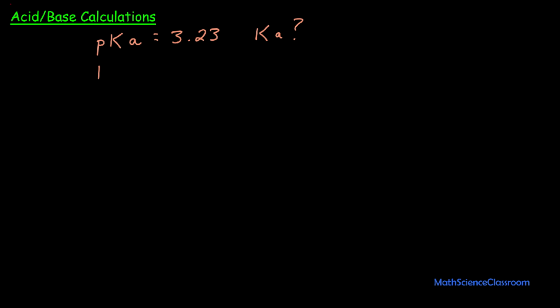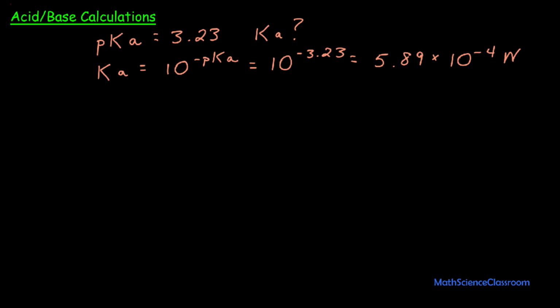So the Ka equals 10 to the negative pKa power and we plug those numbers in. 10 to the minus 3.23 equals 5.89 times 10 to the negative 4th molarity.